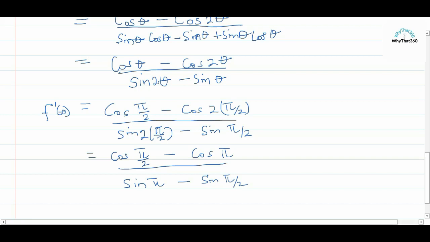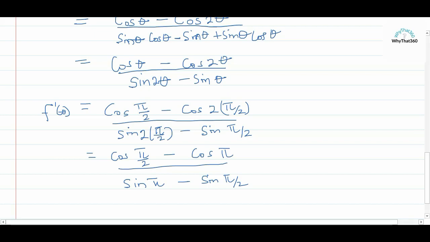And we know that cos pi over 2 is 0 and cos pi is -1. The same way sine pi is 0 and sine pi over 2 is 1.